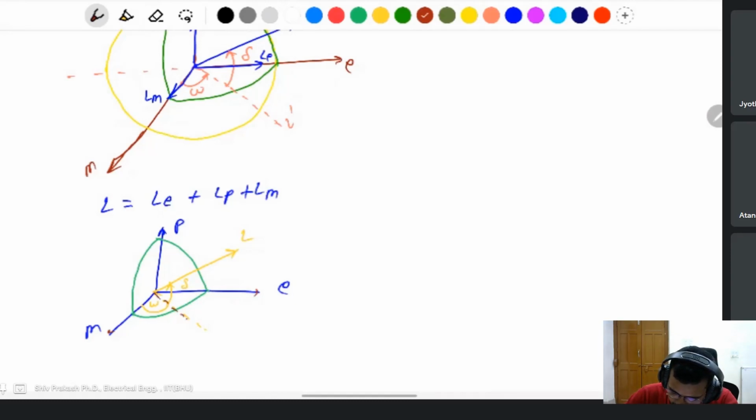This one is the horizontal plane, the projection of L on the horizontal plane, and this is the angle between that projection and the meridional axis, and E and M are placed at 90 degrees.